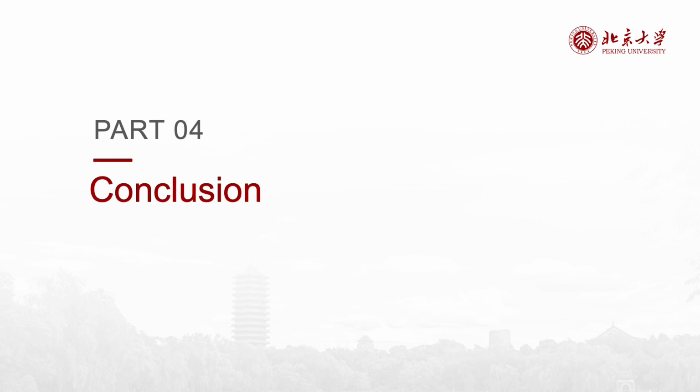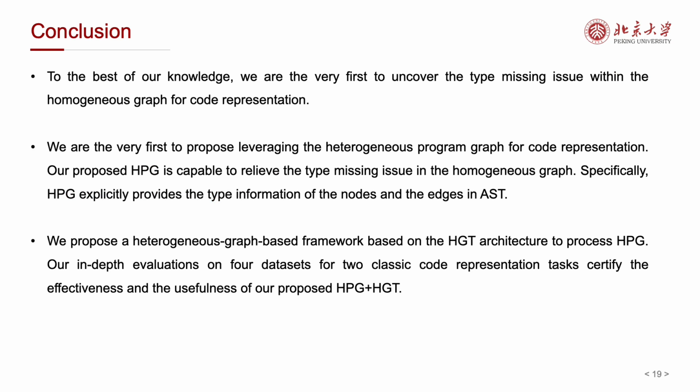The fourth part is the conclusion. We are the first to uncover the type missing issue within the homogeneous graph for code representation. We are the first to propose leveraging the heterogeneous program graph for code representation. Our proposed HPG is capable of relieving the type missing issue in the homogeneous graph.